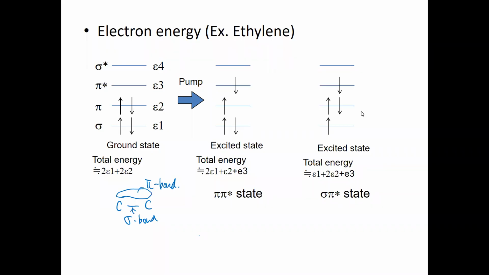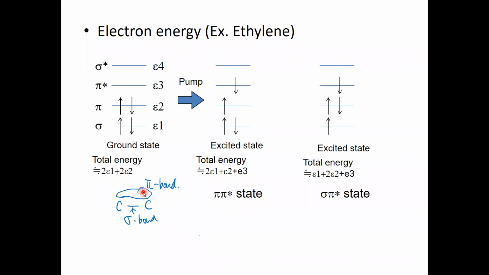Okay, then let's think about one example, taking the ethylene case. As we studied, ethylene has two types of bond. There's a double bond, and one bond is made of the sigma bond, the other is made of the pi bond.